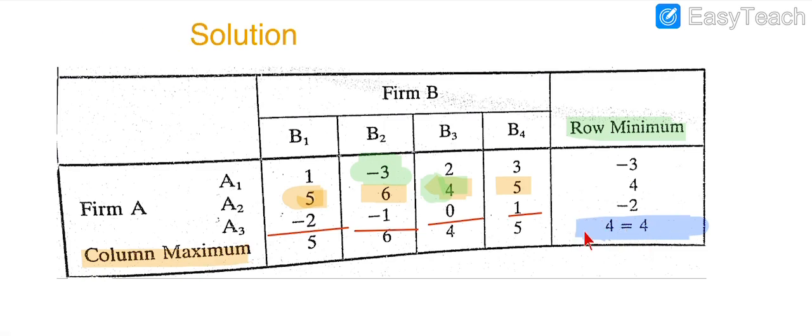This is the solution. This is actually the saddle point. We can say it's the saddle point. You can write it. This is actually A2 and B3. At A2 and B3, you obtain the saddle point. You can call it saddle point.